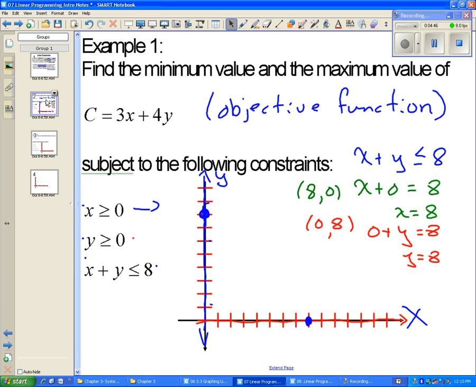So then the line that I want is going to be this blue line that connects these two x and y intercepts.